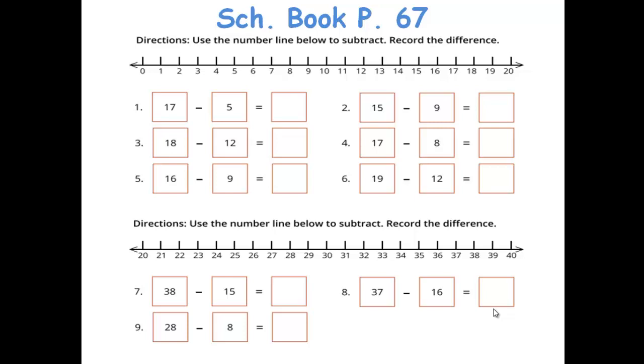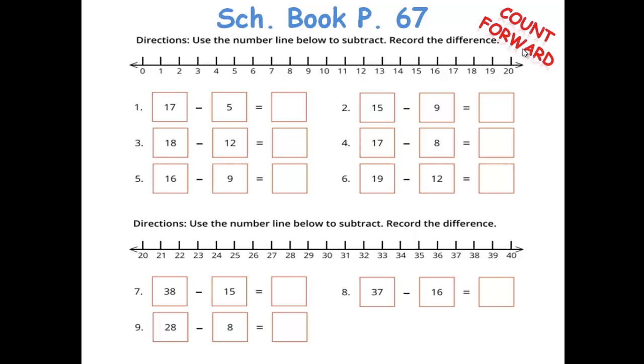Now, we have two exercises here. The first exercise is asking me, use the number line below to subtract and then record the difference. Now, in this exercise, I need you to write on the top here that we are going to use what way?